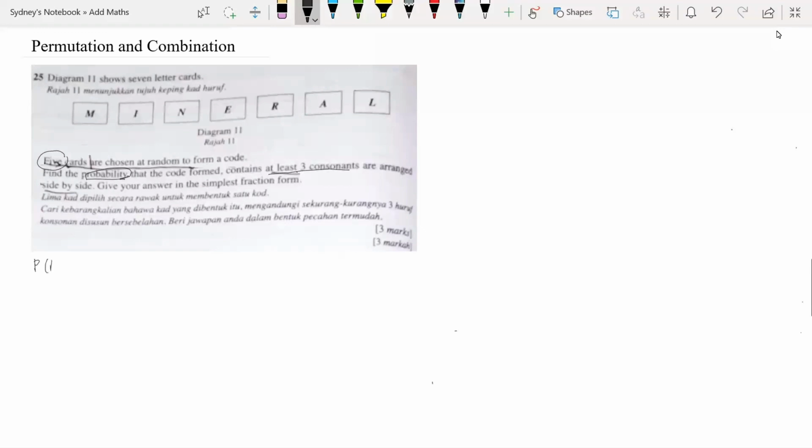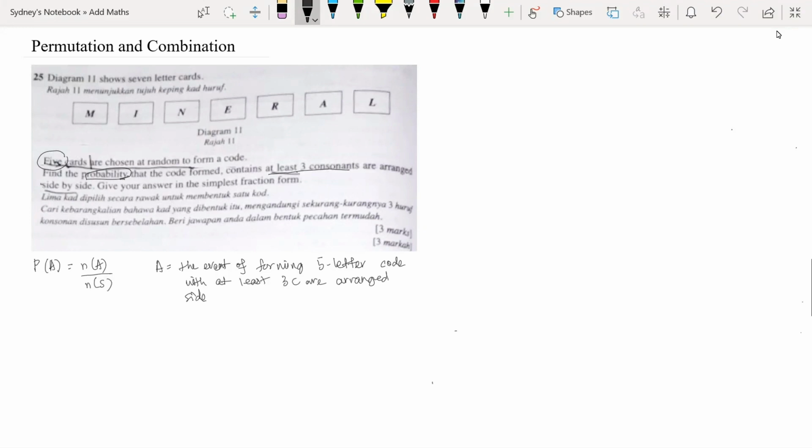That is P(A). According to the formula of probability, it will be the number of the event A that occurs out of the total sample, whereby we define A to be the event of forming a 5-letter code with at least 3 consonants which are arranged side by side.